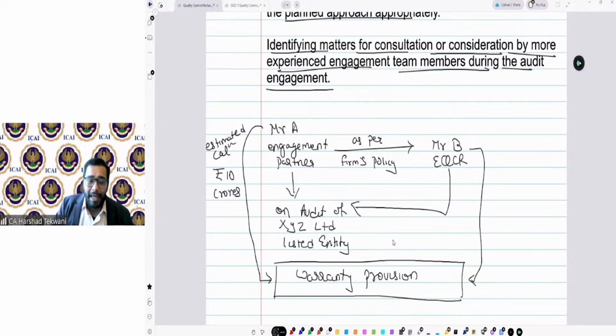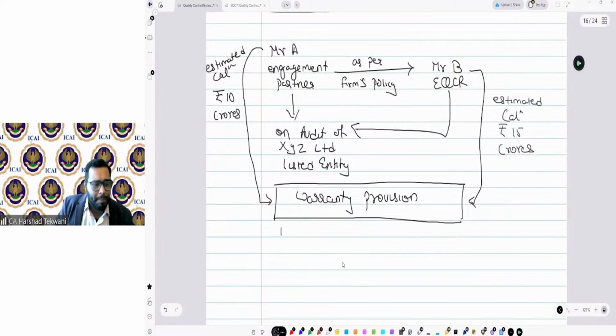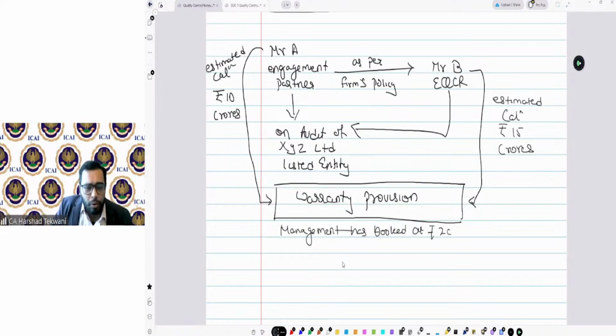EQCR, that is Mr. B, is saying the estimated calculation should be rupees 15 crores. And actual management has booked at rupees 2 crores.